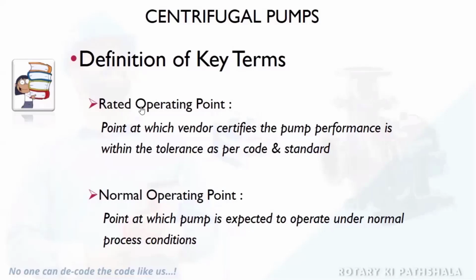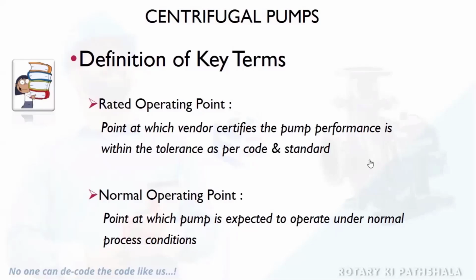So if you are not familiar with the definition and the importance of the terms as per the code and standard, then you may land in a problem. Once the testing is done, or once the specification you have mentioned says the guarantee point should be this, during testing the client may reject the pump because the vendor is giving the guarantee at the normal operating point. Why has it happened?